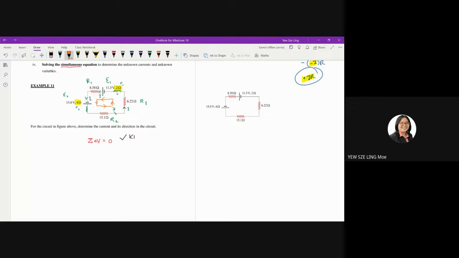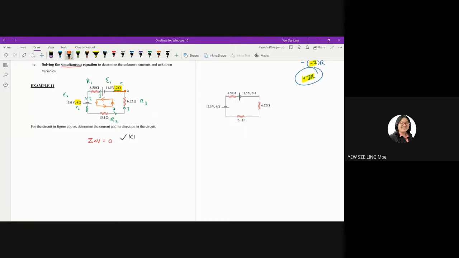Let us go back to the diagram. I'm going to start from the same corner again, this corner. Now first, what happens right here? My current starts to flow along my loop, because I follow the direction of this orange colored loop. So my loop starts to move from this point towards small letter r1.